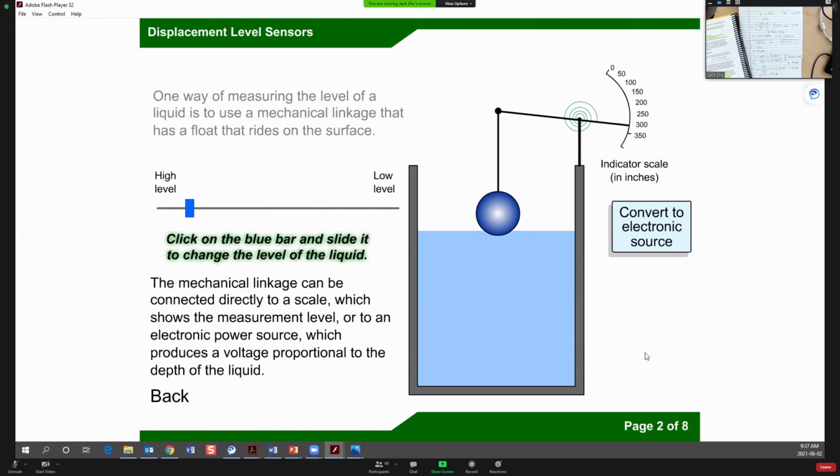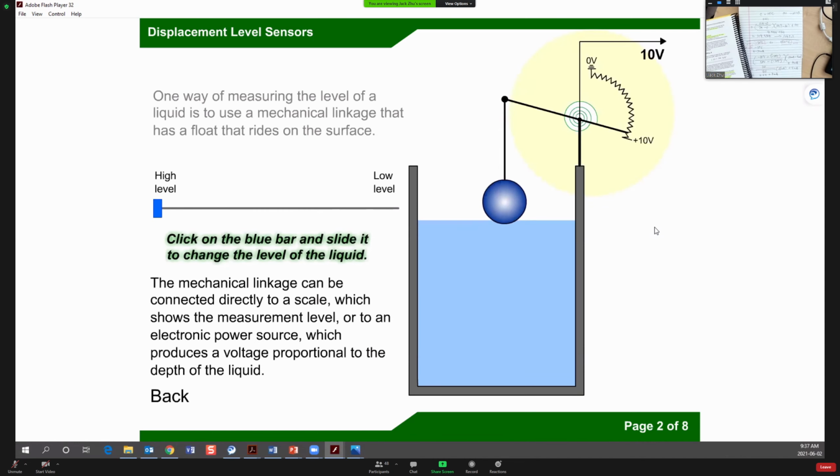And we can make changes, converting it into an electronic signal.